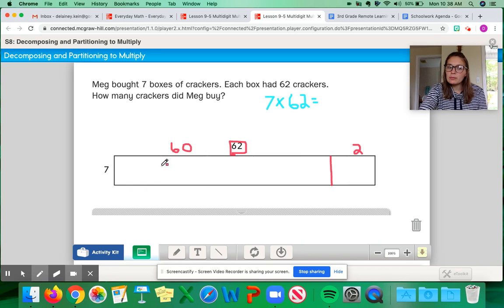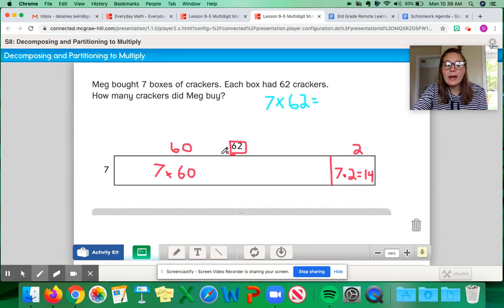Now my problem looks like this. 7 by 60 crackers, and 7 by how many? 2 crackers. Okay, 7 times 2, I have fact power for. It's a doubles fact. 7 times 2 is 14.